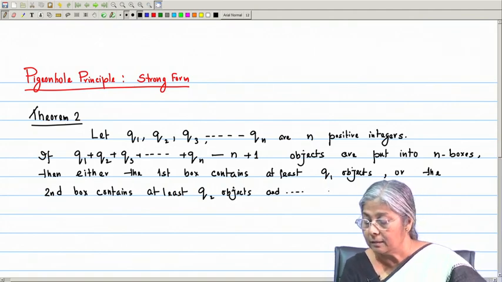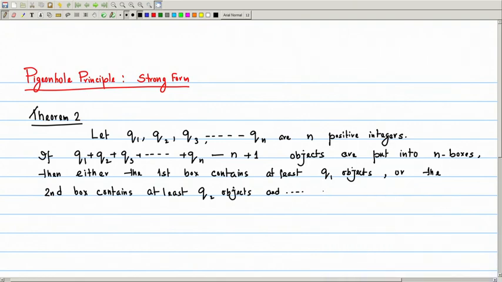I can tell that the nth box contains at least qn objects.